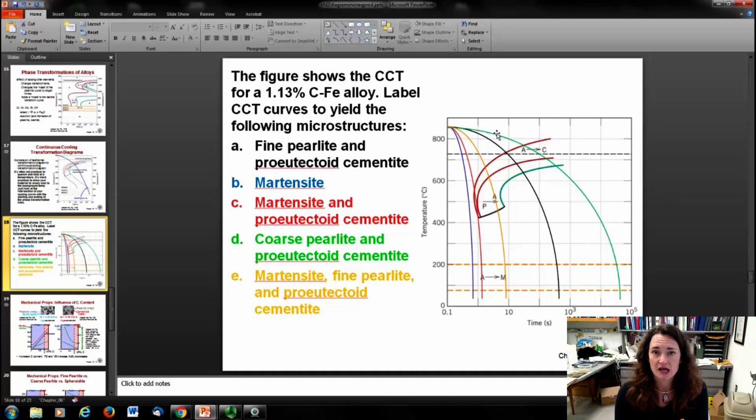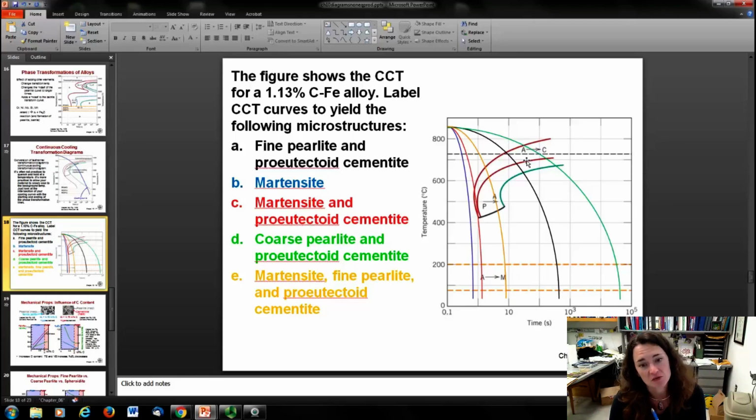So if I allow more time at the higher temperatures, then more diffusion is going to occur. If more diffusion occurs, then I have thicker layers, thicker lamellae, okay? So I just need to let my curve go further out, but still cross this 100% completed line for either of these two things. And the one that takes longer would be the coarse, and the one that takes less time would be the fine perlite structures. So that's the only difference between those two.